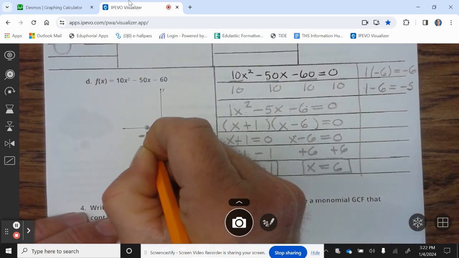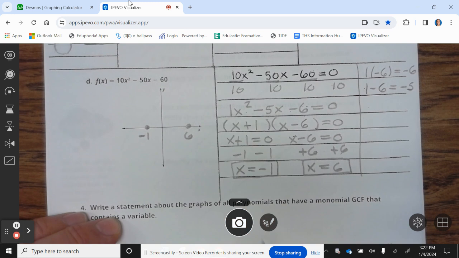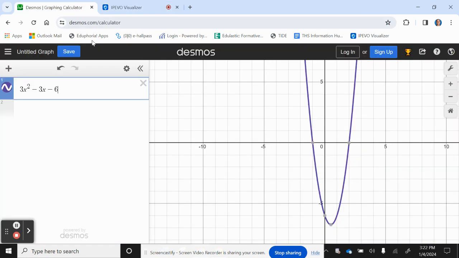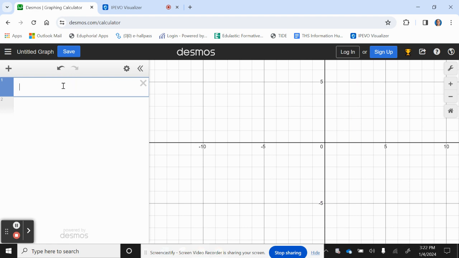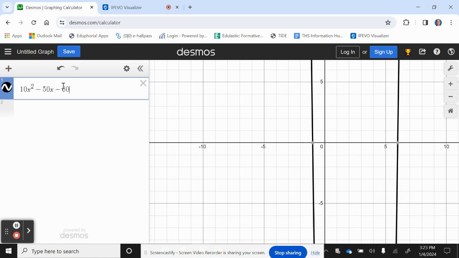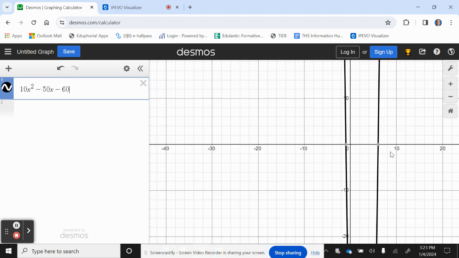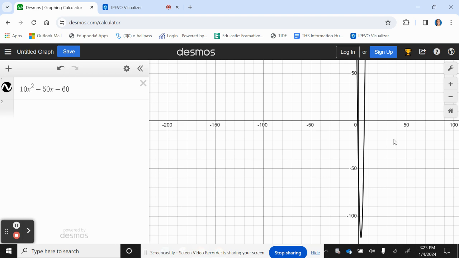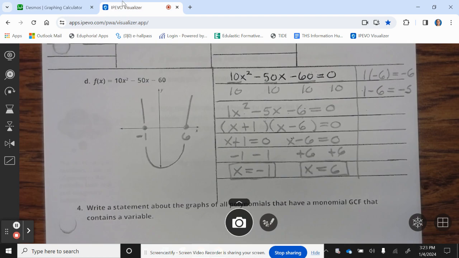So, all right, let's go ahead and sketch that in Desmos. There you go.